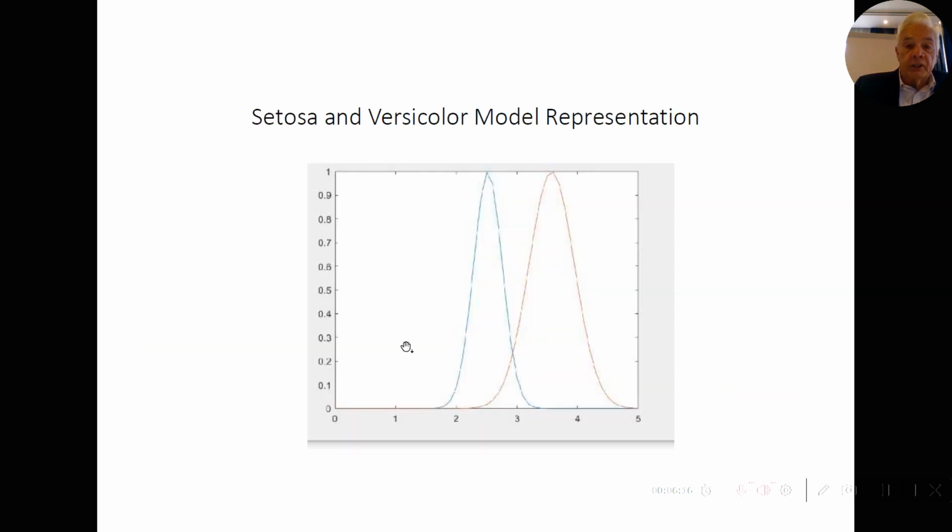Here I presented the representation using the median value and the standard deviation value between setosa and versicolor, and note that the coincidence here is relatively small. It is easy to differentiate them in any model because there is a small coincidence. We will see another example where this coincidence is much bigger.